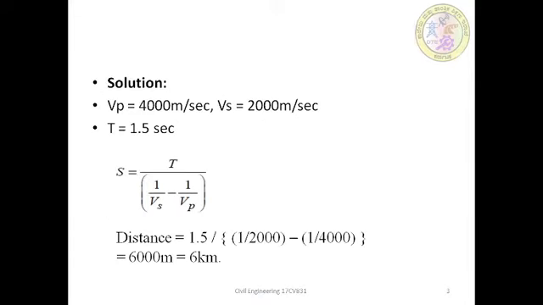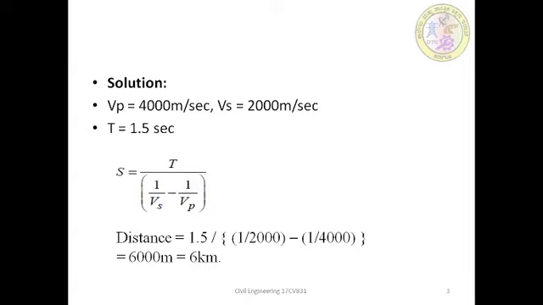So here the first velocity, that is the P velocity, is 4 km per second, and the Vp we can call 4,000 meter per second. So kilometer to meter is converted, and similarly the S wave velocity is 2 km per second, so Vs is 2000 meter per second, and the time between the P and S is given as 1.5.